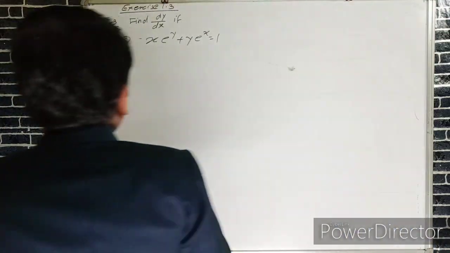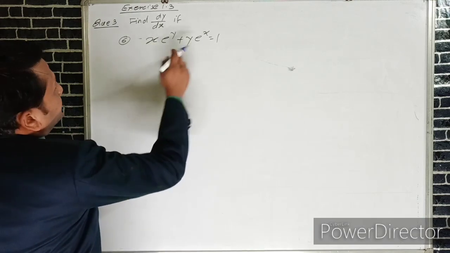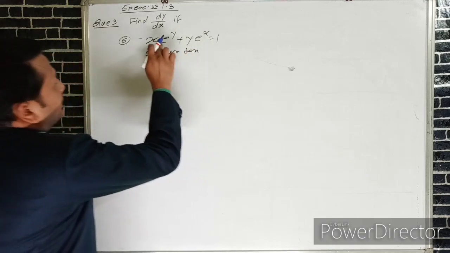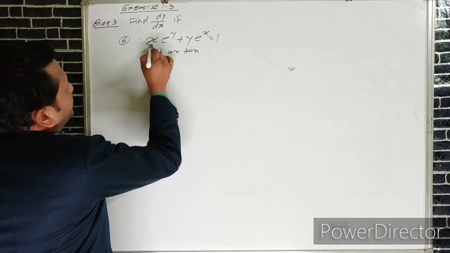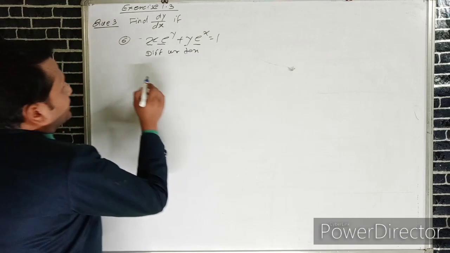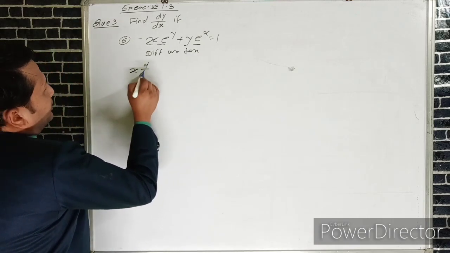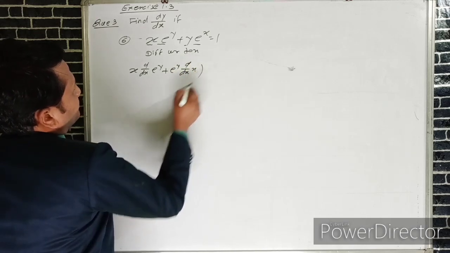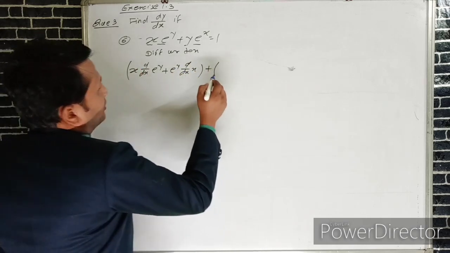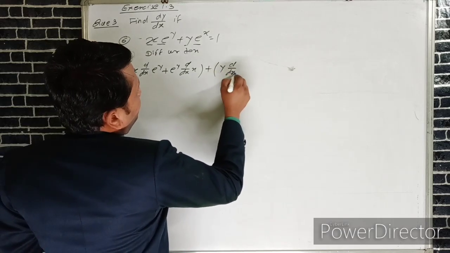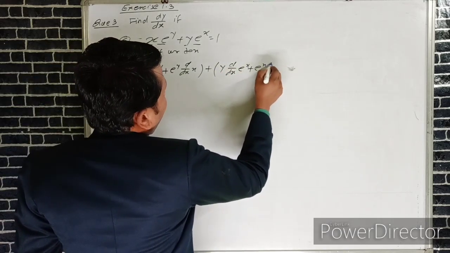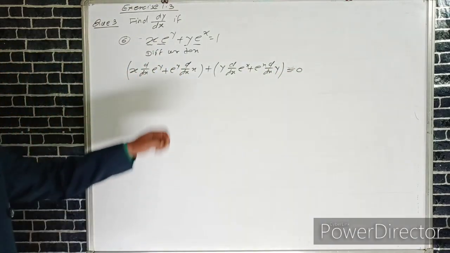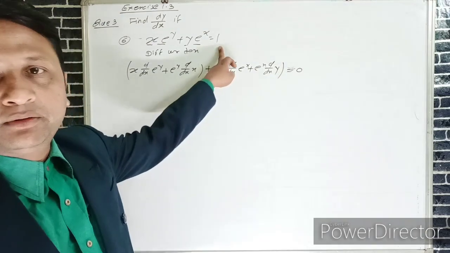If we differentiate this implicit function with respect to x, then we can write the rule of u into v. Again here u into v, we can write x into the derivative of e to the power y plus e to the power y into the derivative of x, plus y into the derivative of e to the power x plus e to the power x into the derivative of y is equal to the derivative of the constant function 1, which is 0.